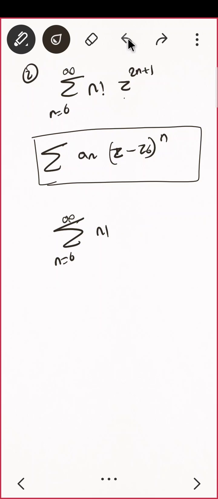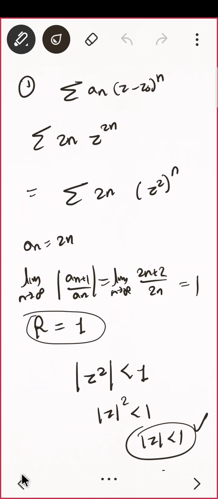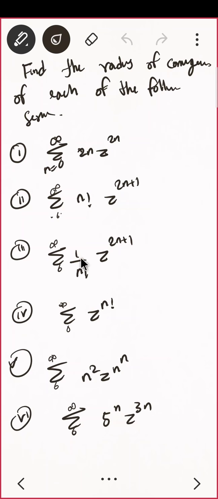So you may directly apply the radius of convergence formula. You use whatever you want, either the ratio test or the root test. You can get that the radius of convergence is 1 here. And what next? 1 upon n factorial, again the radius of convergence is 1. Here the coefficient is 1, so it will be 1 only. N square is a polynomial, so it will have radius of convergence 1.